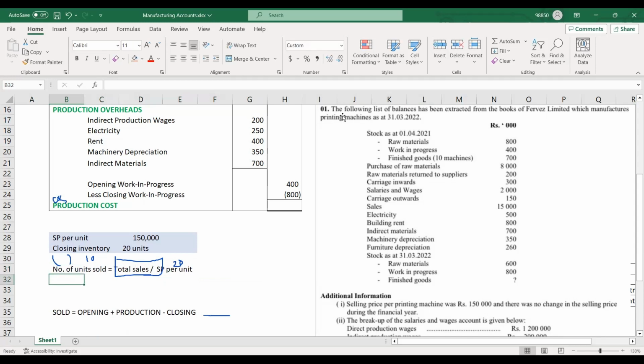If you want to find out exactly how many printing machines you sold, you take how much money you got from selling and divide it by how much you got for one unit. If you want to find out how many you sold in total, you take the total sale, how much money you got from everything, and divide it by how much you charged for one machine. Yes, I think that's quite direct, right?